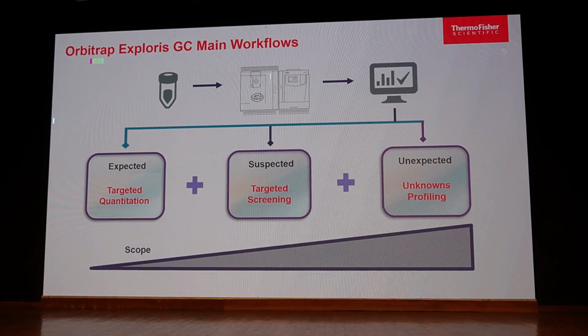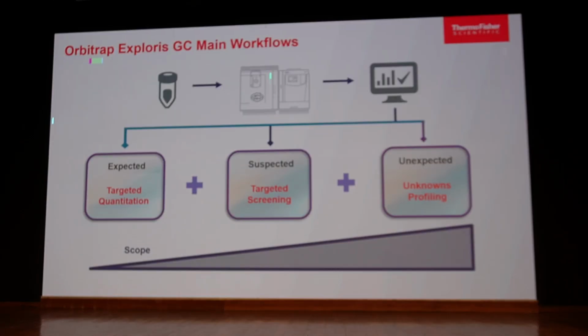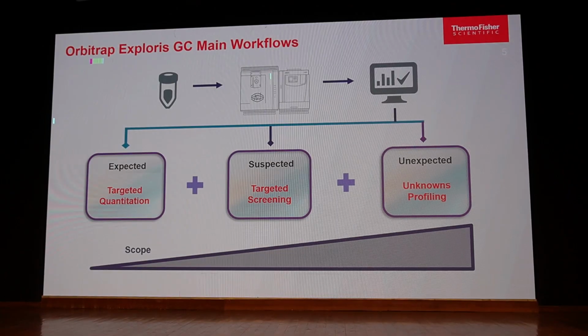Now when it comes to GC-HRMS, as everybody has mentioned, there is a simple workflow. Just shoot your sample, take data in full scan, and then process it. You can get all the information about your sample, whatever compounds are ionized and detected by your system. What you expect, you can get by just extracting those masses.